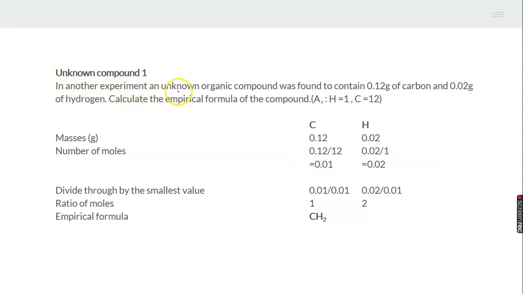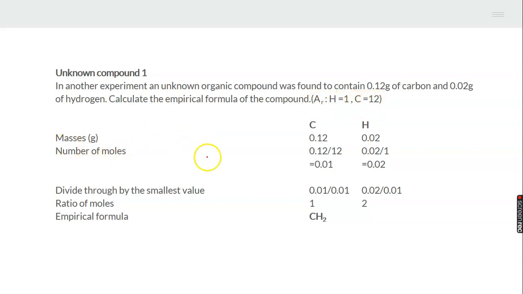In another experiment, an unknown organic compound was found to contain 0.12 grams of carbon and 0.02 grams of hydrogen. Calculate the empirical formula for the compound. Don't forget, the relative atomic mass of hydrogen is 1 and the relative atomic mass of carbon is 12.